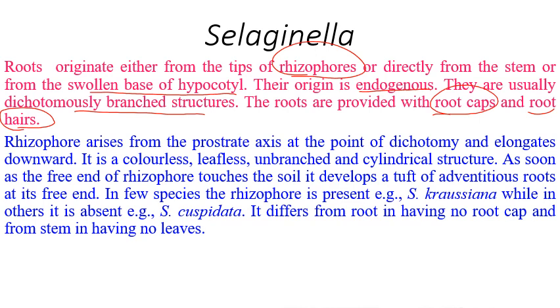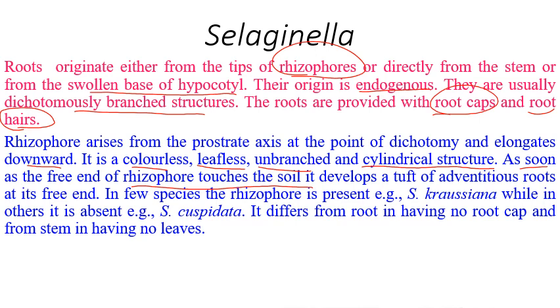A rhizophore arises from the prostrate axis at the point of dichotomy and elongates downward. It is a colorless, leafless, unbranched and cylindrical structure. As soon as this rhizophore touches the soil, it develops a tuft of adventitious roots at its free end.